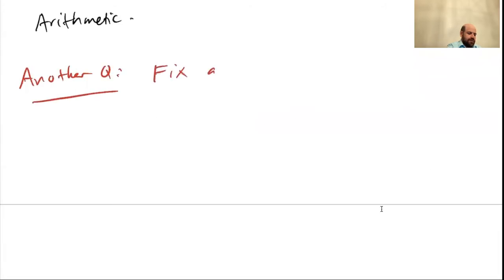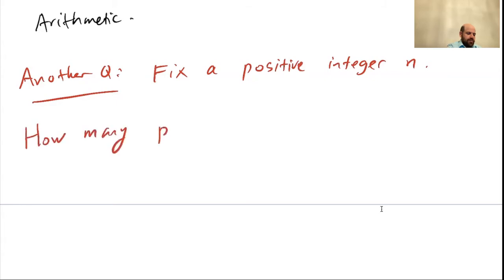So another question. Fix a positive integer n. How many, or let's say approximately, because of course we cannot expect to have the exact number of prime numbers.